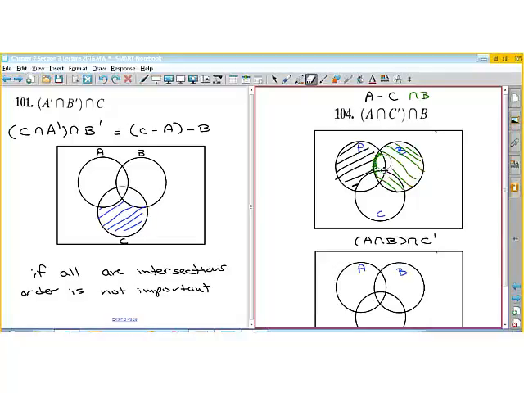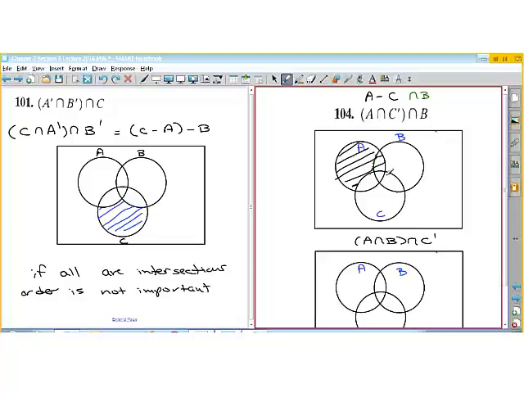If you didn't want to fill it in, the way you would do it is to say this area here is A minus C, because I have A minus erase C. And then I have the intersection with B. What parts of circle B already have black lines in it? This part does.